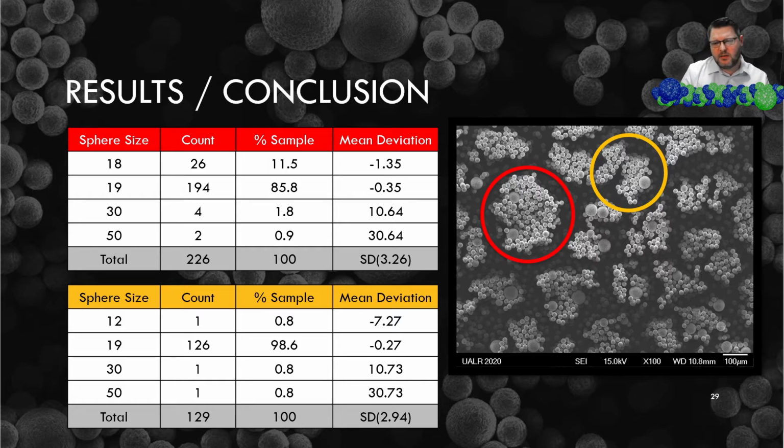Now, I did the exact same thing with the yellow circle just to the right and found almost the exact same results. 126 spheres were 19 microns in size. There was 112 at 18, 1 that was 30, and 1 that is 50.